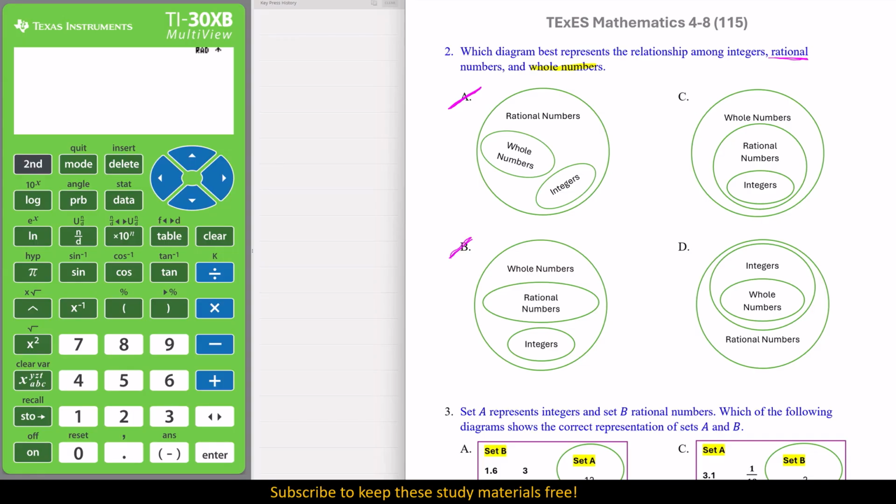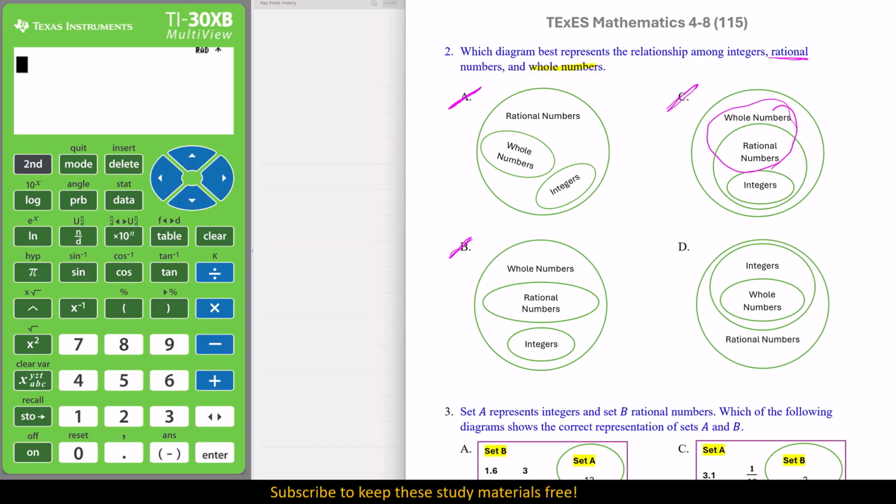Let's look at C. They have integers as a subset of rational numbers. Well, they are. However, you cannot say that rationals are a subset of whole numbers. This simple fact right here is incorrect.